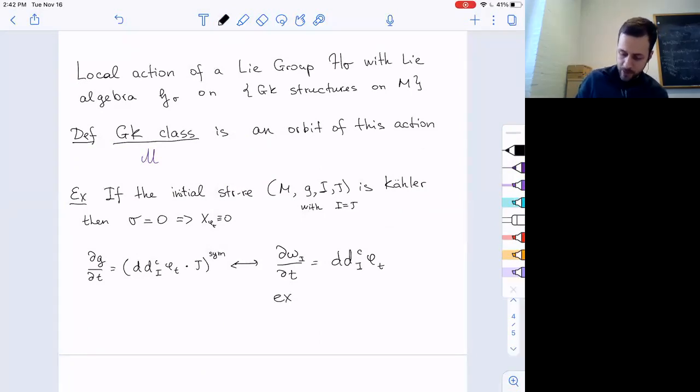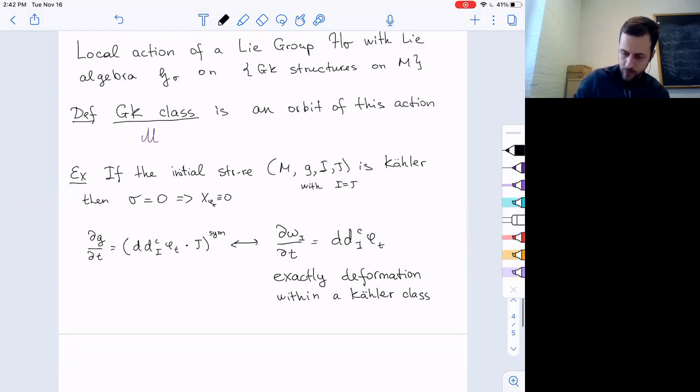And this is exactly deformation within a Kähler class, a usual Kähler class. So you can explicitly integrate this deformation.